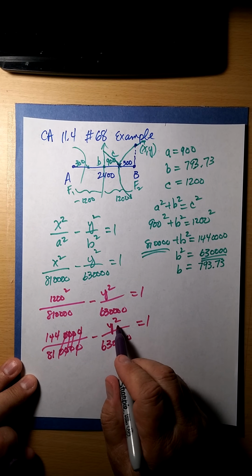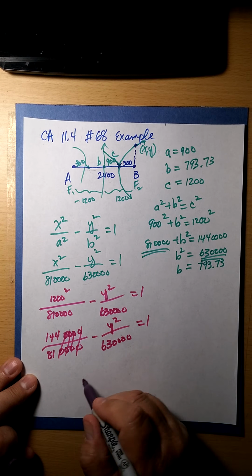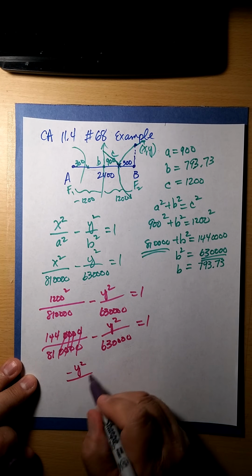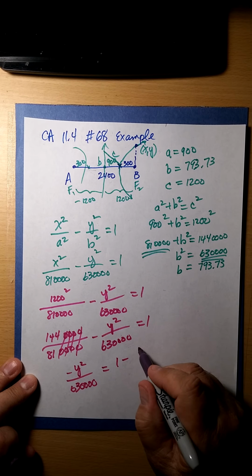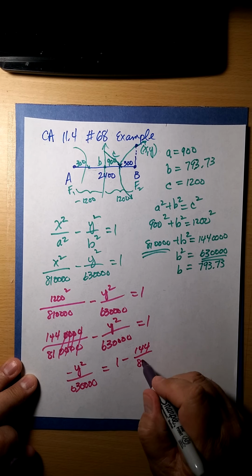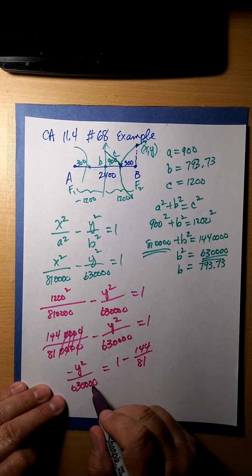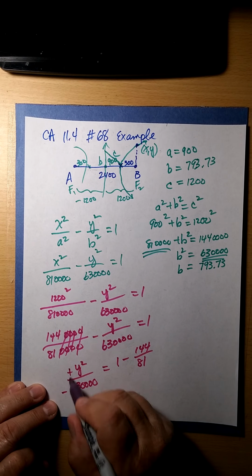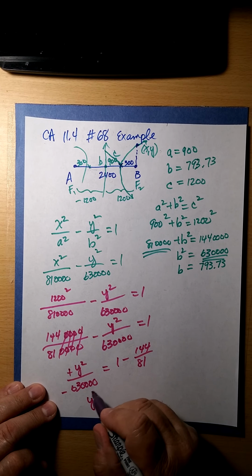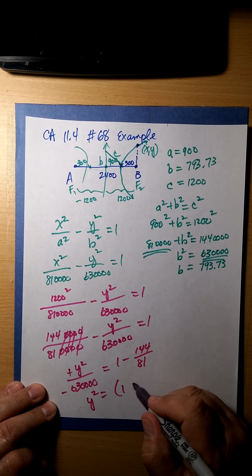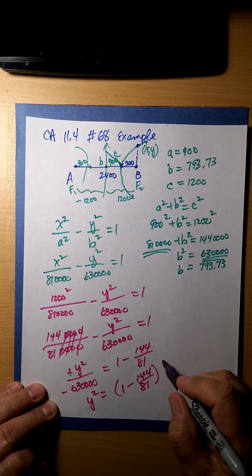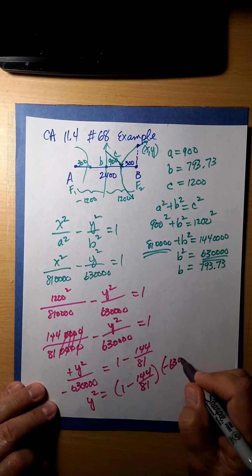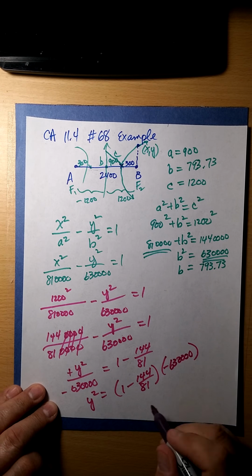So I'm solving for y. So a negative y squared over 63 with 4 zeros equals 1 minus this 144 over 81. And then you multiply by a negative, we'll say, 63. So y squared is 1 minus this 144 over 81 times a negative 63 with 4 zeros.